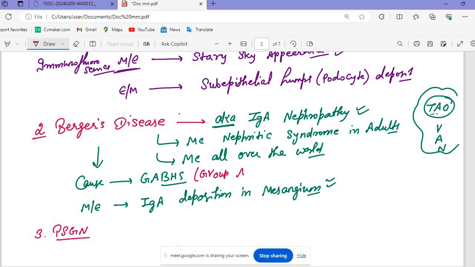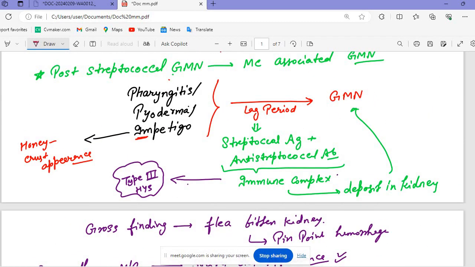The most common associations you will find are post streptococcal pharyngitis, pyoderma, impetigo.